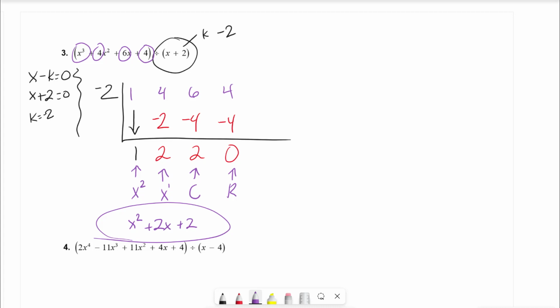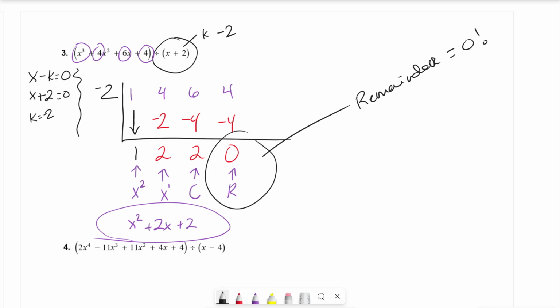Now, a couple of important things to note here. When we have a remainder of 0, this is a very special case. This is what's known as the remainder theorem. When the remainder is equal to 0, that's a big deal. It shows that the thing that we were trying to divide by, x plus 2, is going to divide evenly into this polynomial, which means x plus 2 is a factor of this polynomial.